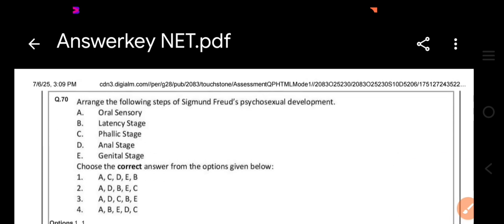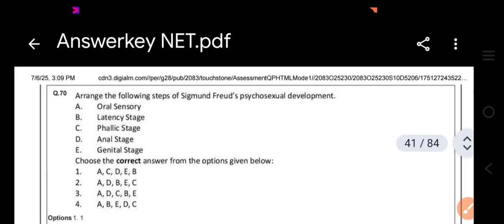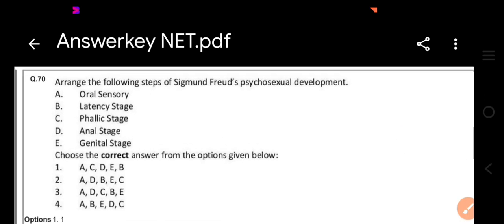You have to arrange the following stages of Sigmund Freud's psychosexual development. One by one, the first is the oral stage, the oral sensory stage, and the second is the anal stage. Then comes the phallic stage, and then the latency stage.